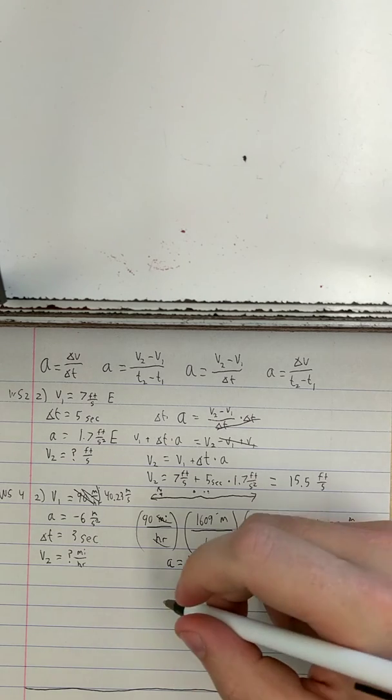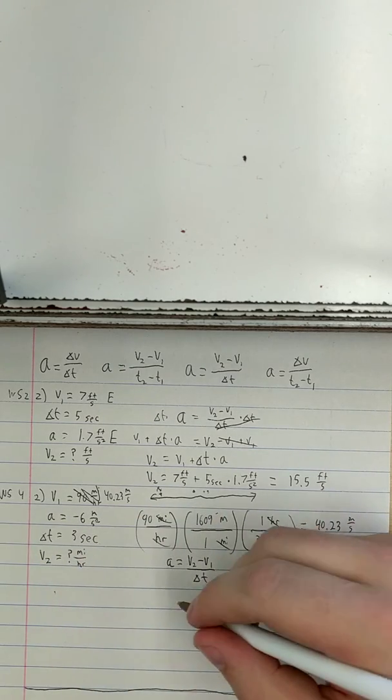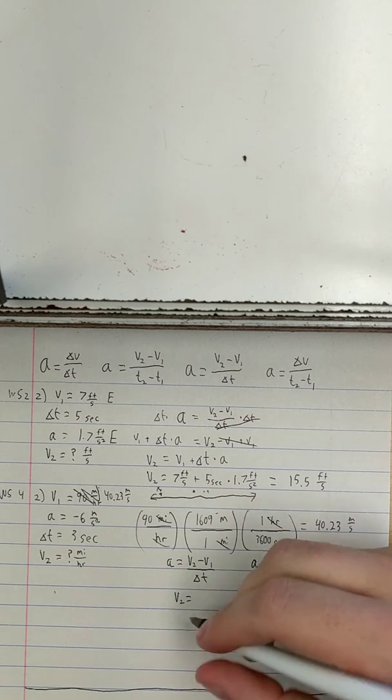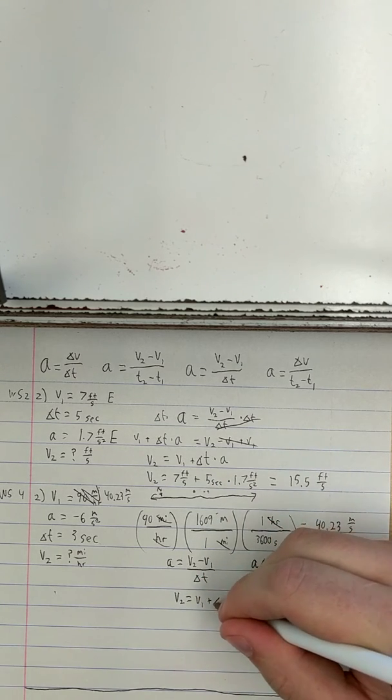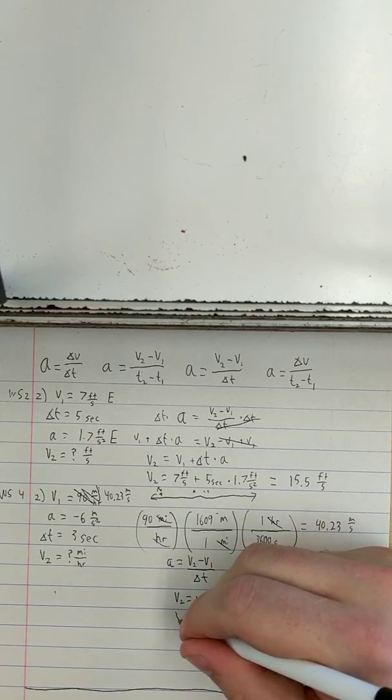Add V1 to both sides, and I end up with the equation V2 equals, just like up above, V1 plus delta T times A.